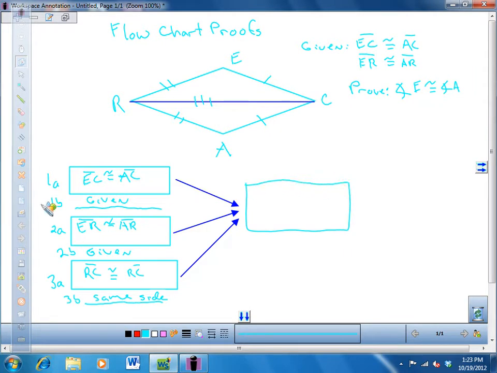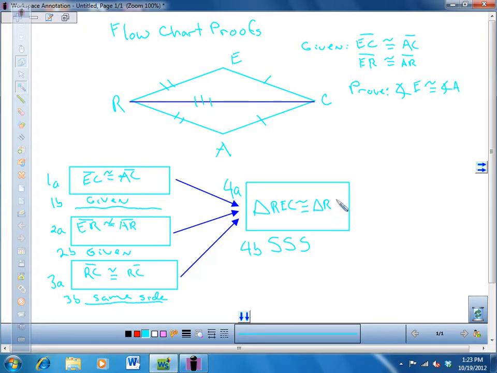What is it going to say in that shape? Side, side, side, that's 4B. What's it going to say up here in 4A? Triangle R, very good. It's going to say that triangle REC is congruent to triangle RAC.